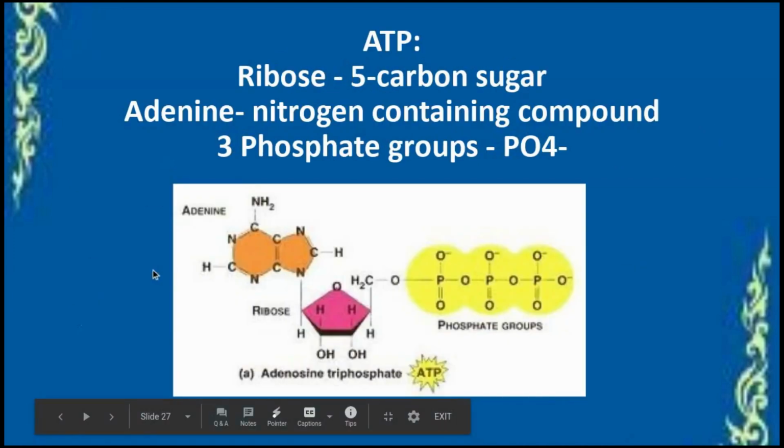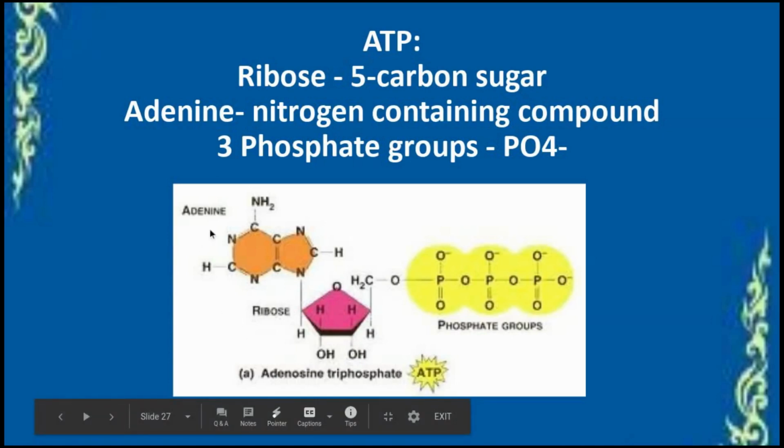So if we look at the structure of ATP, when you see this ring-like shape, those elements are actually combined in a structure like that. So ATP is made up of a ribose, which is a 5-carbon sugar. And so we've got 1, 2, 3, 4, 5 points on this pink molecule, and those are all where carbons are attached.